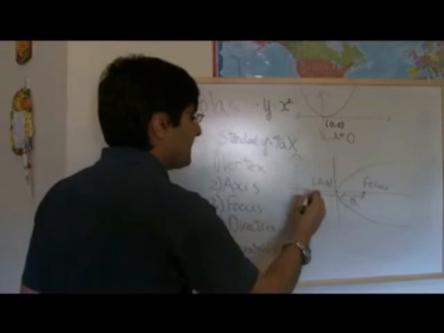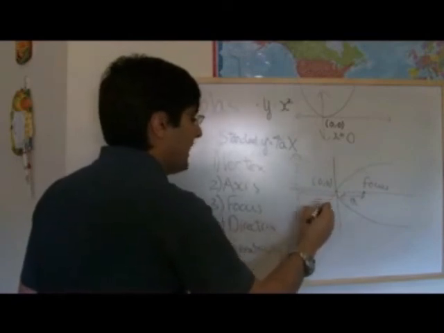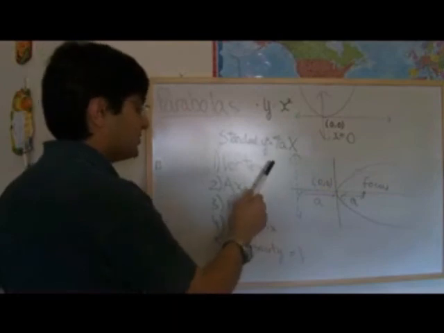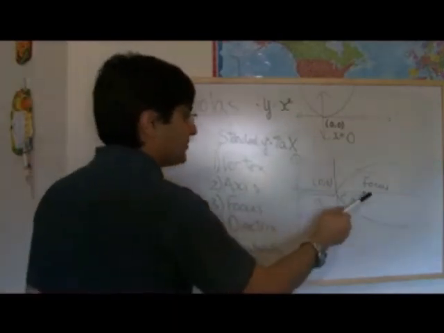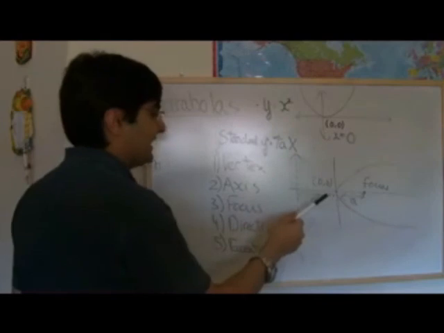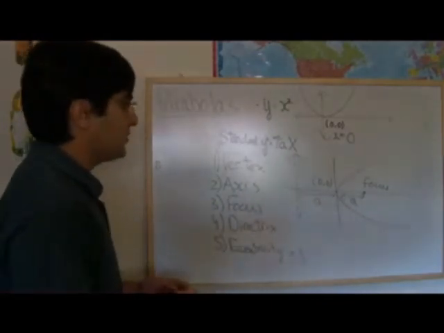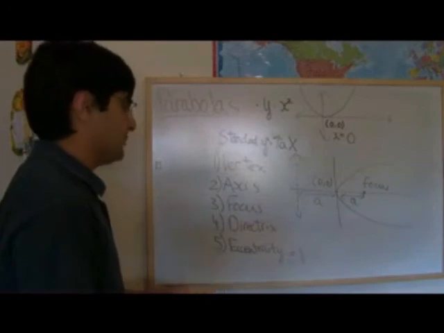This distance here is also a. So the constant a in the standard equation refers to 2 distances, the distance between the vertex and the focus, and the distance between the vertex and the directrix. I think that's a basic coverage of the essential features of the parabola.